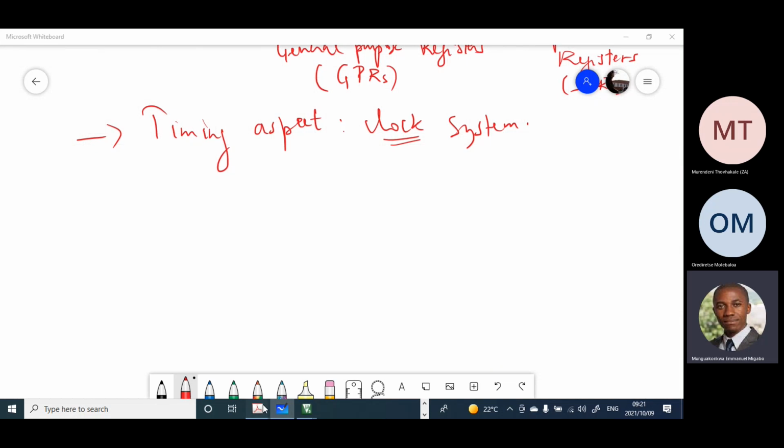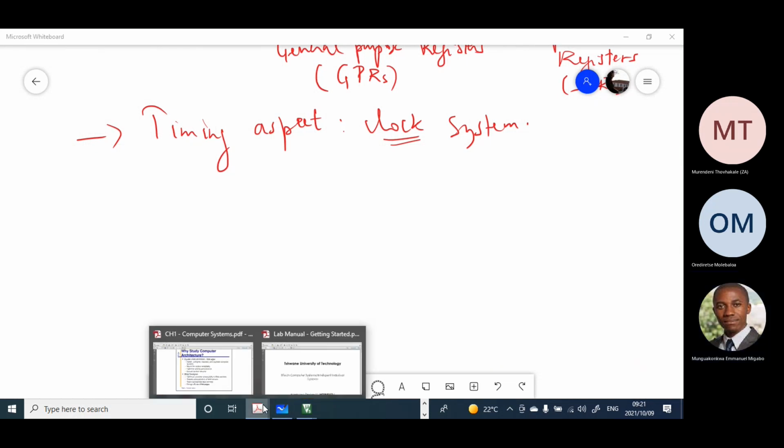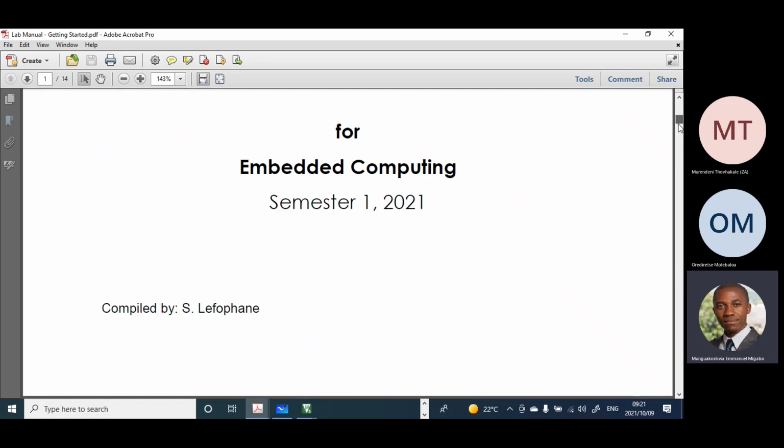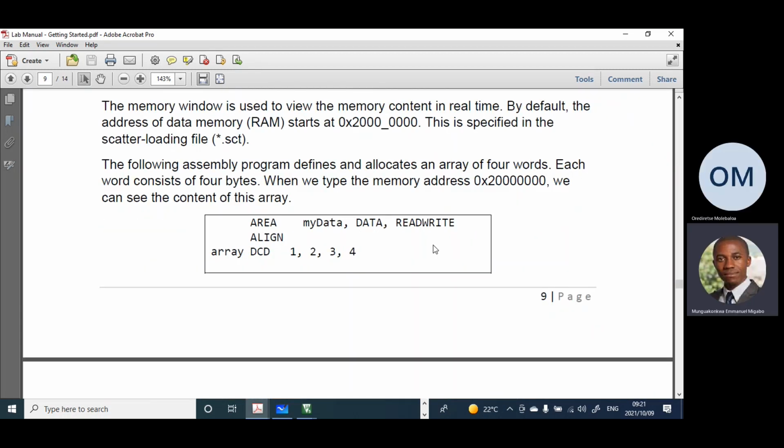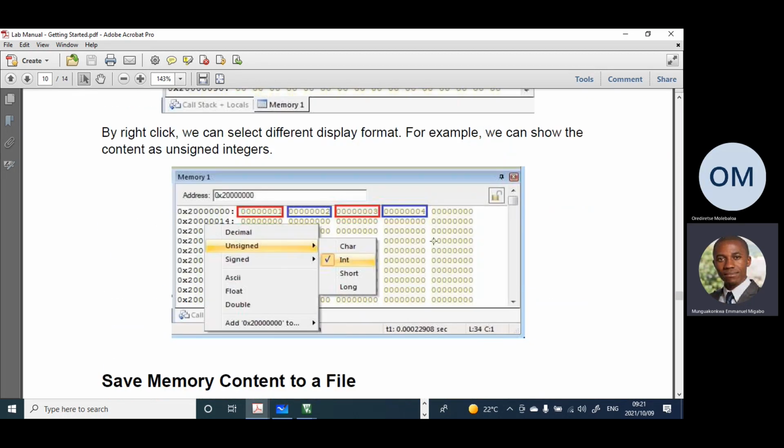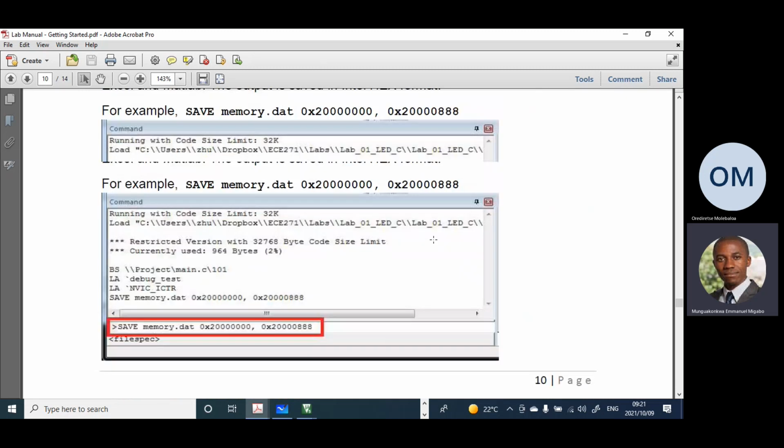If we go back, I want to take the datasheet of the microcontroller we are using, the STM, so that I can use that as an example. I'll speak in general, but it also applies to this specific microcontroller.